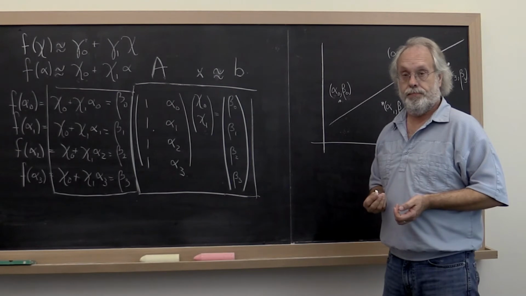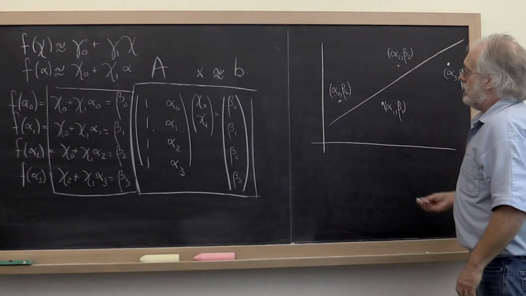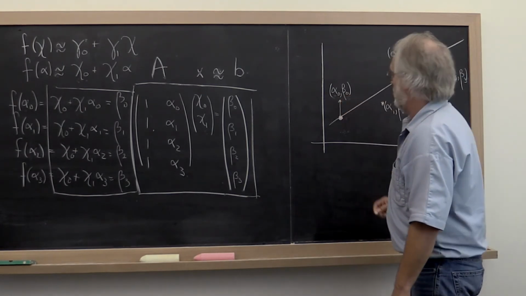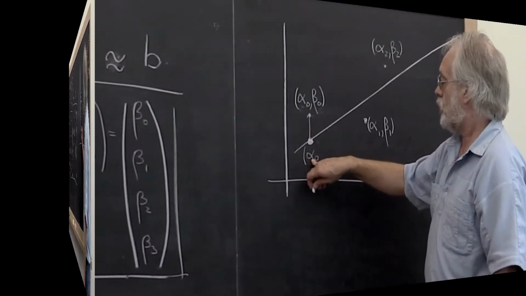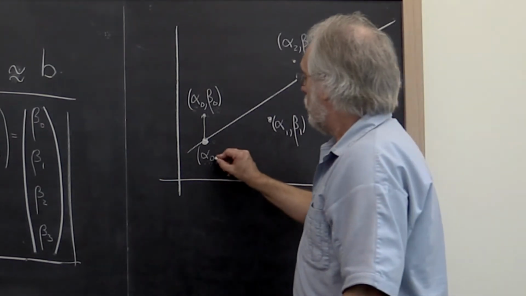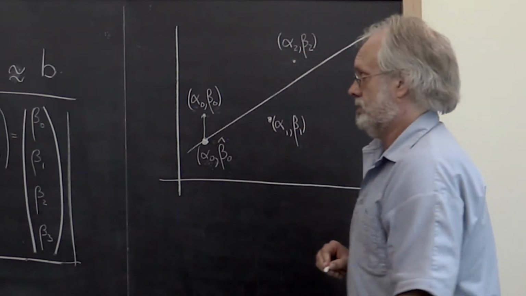If we go back over here, then notice that we can drop this point down to the point on the line, and that point still has the first coordinate alpha 0, but the second coordinate now is beta 0 hat.